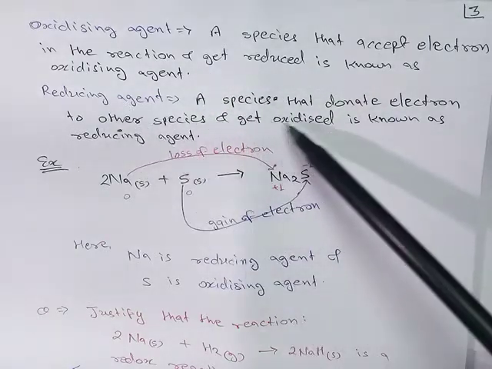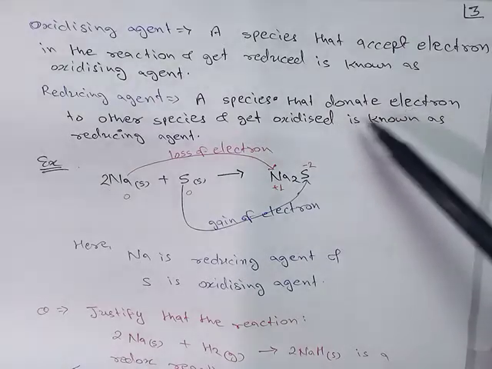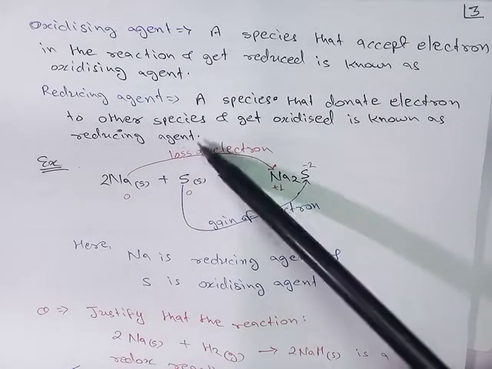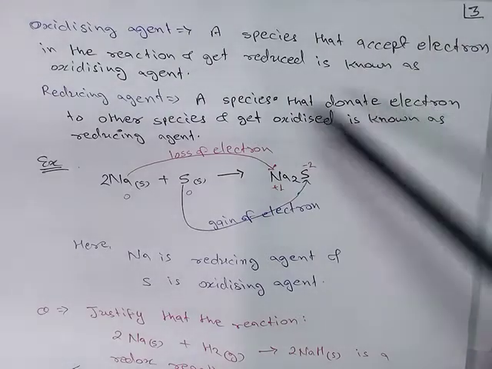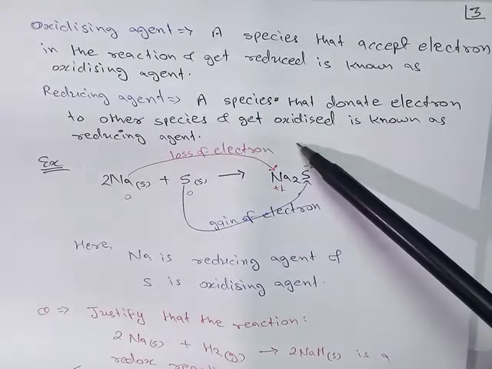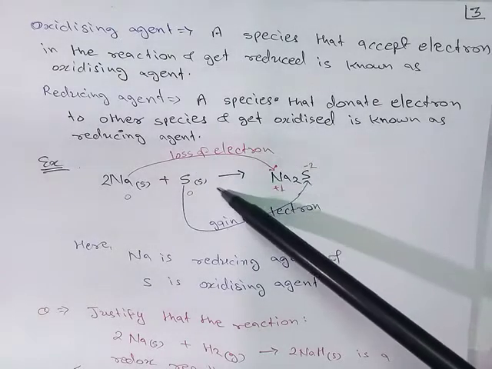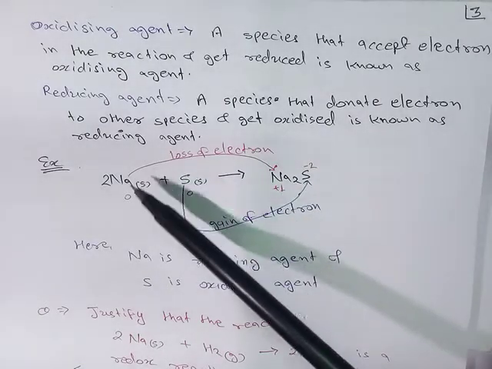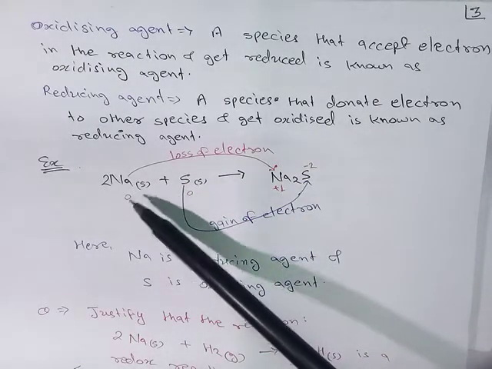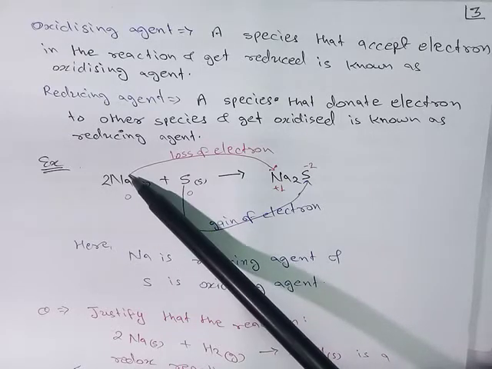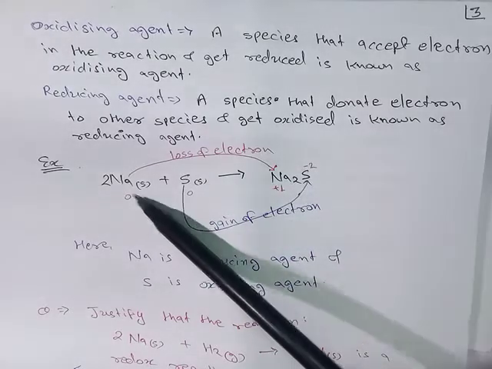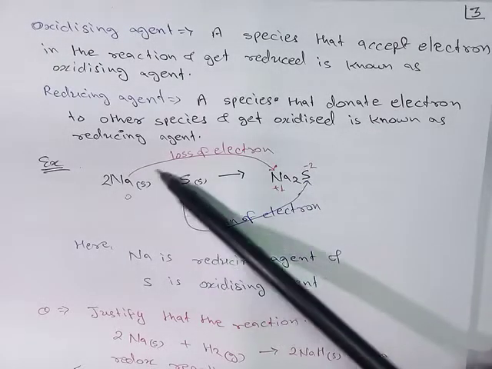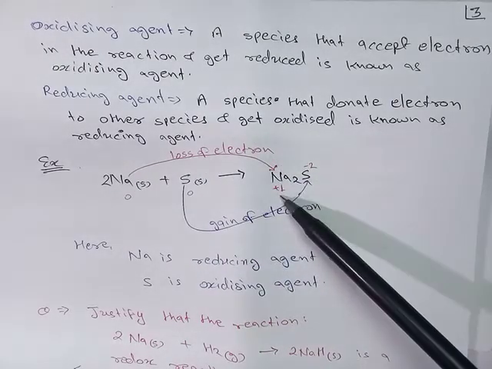A species that donates or loses electrons to another species and gets oxidized is known as reducing agent. Here in the reactant side sodium has oxidation state 0, but in the product sodium loses 1 electron and converts into sodium plus ion.